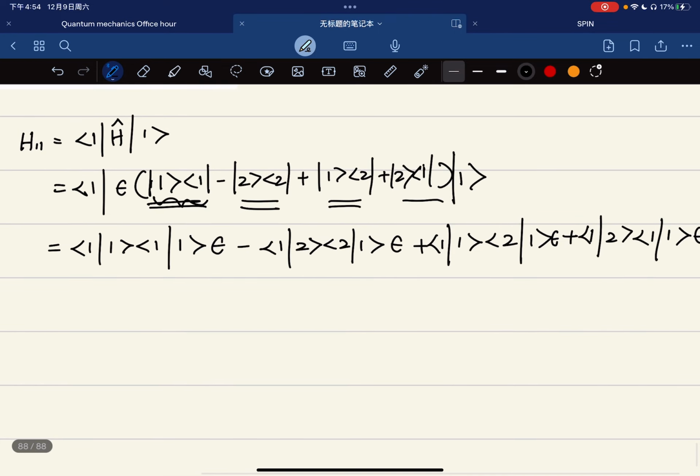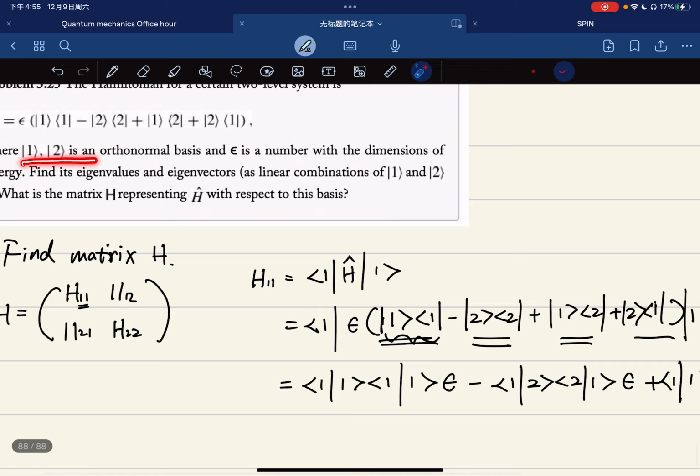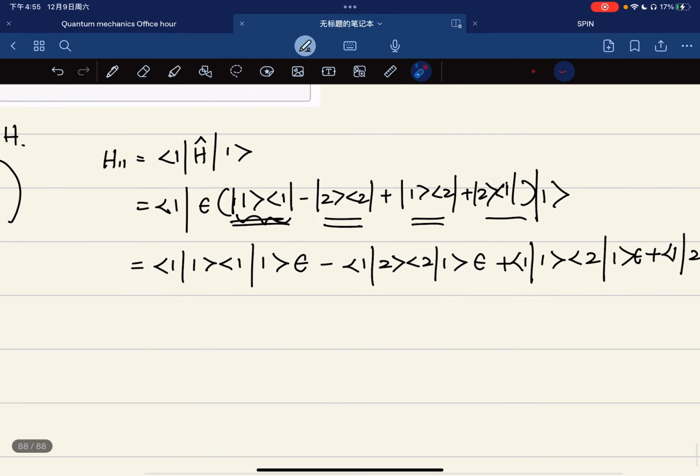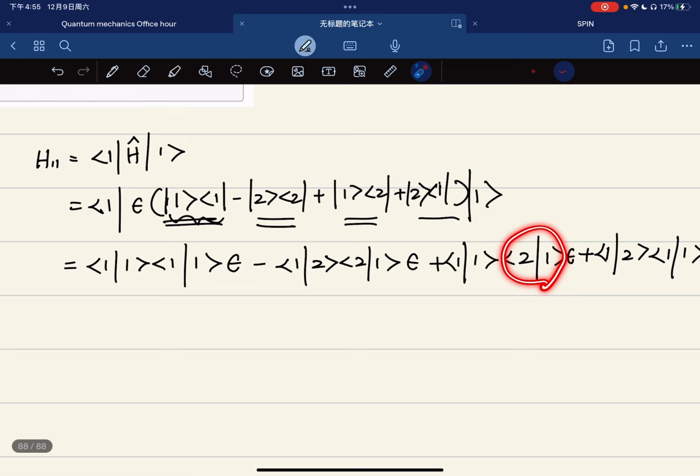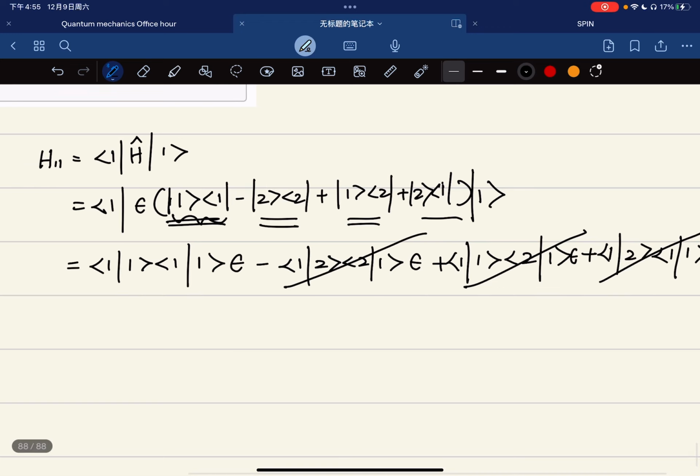Okay. And because the question says that 1 and 2 are two orthogonal bases, this will give us 0, and this will give us 0, and this will give us 0. So the entire term is 0, 0, and 0. Okay, so now I have small e, because this will give us 1 because of the normalization.